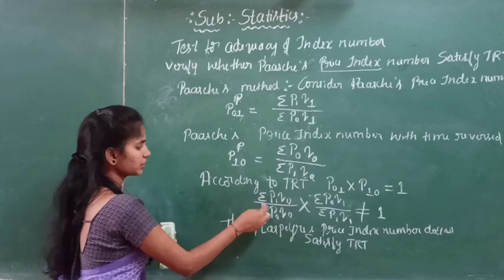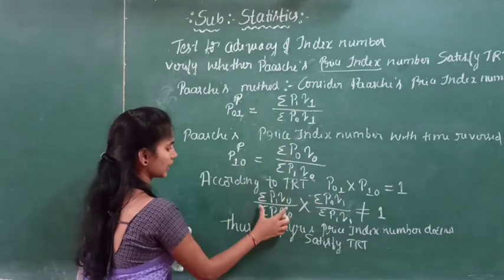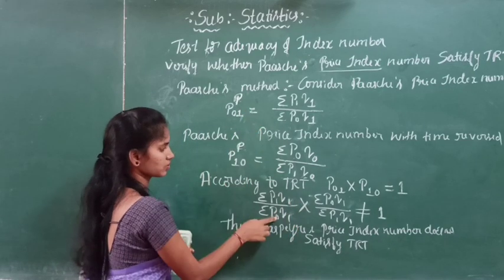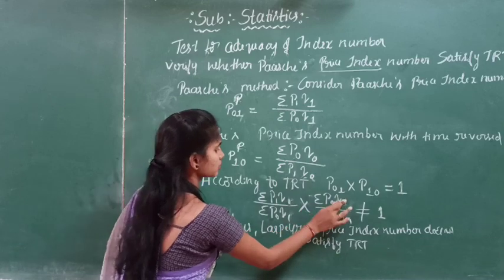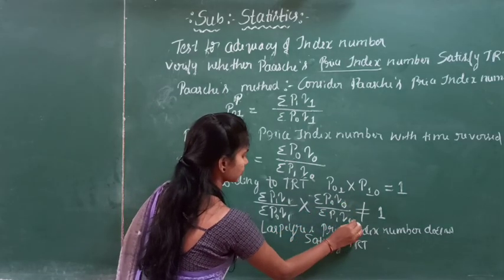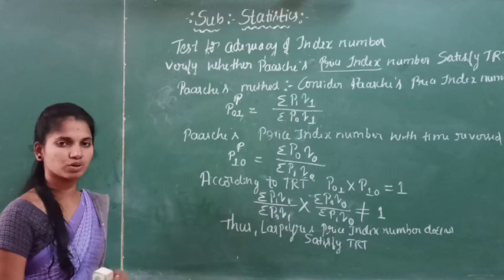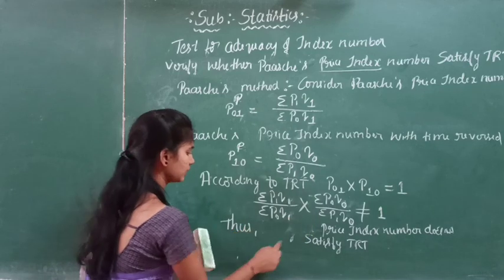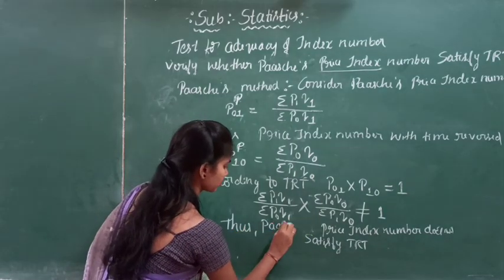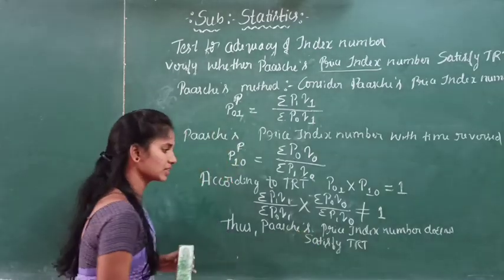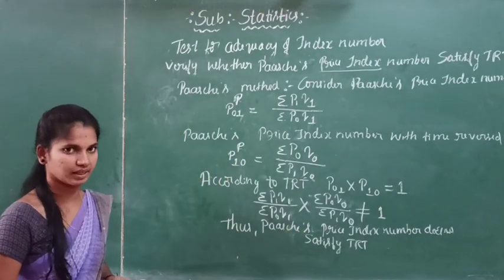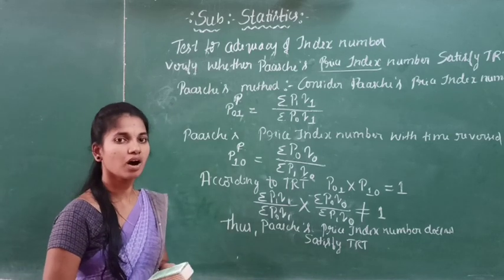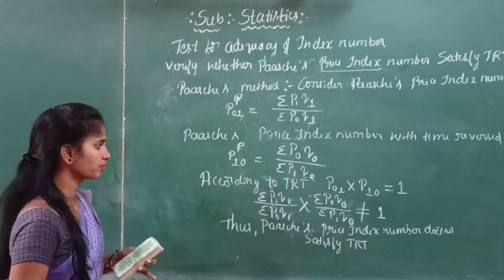Here we write the Paasche's formula and the reversed formula, and the product is not equal to 1, because we know that it does not satisfy TRT. Thus Paasche's price index number does not satisfy TRT. This is how Laspeyres and Paasche's fail to satisfy TRT.